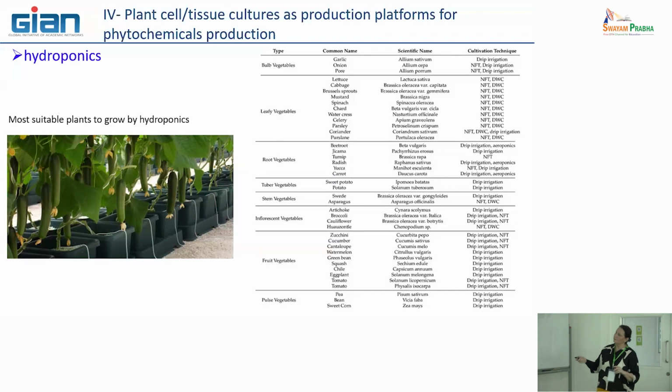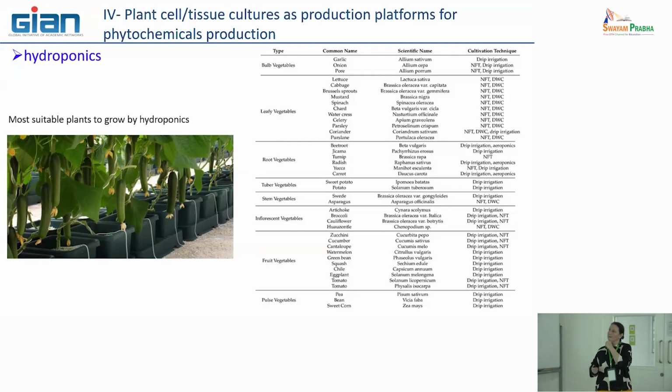Here are the types of cultivation that are already adapted to these specific vegetables, and here are the names. What is interesting is that some of them are considered aromatic plants, but aromatic plants are medicinal plants. Lots of aromatic plants share with medicinal plants the ability to produce specific metabolites that could be used for applications.